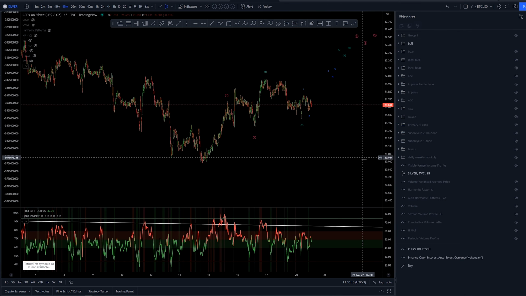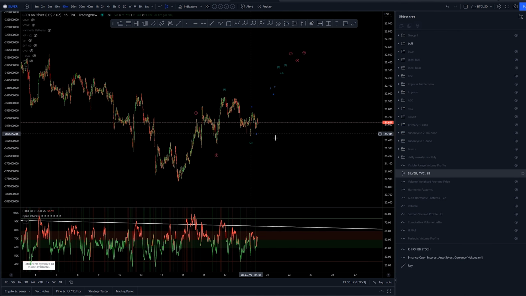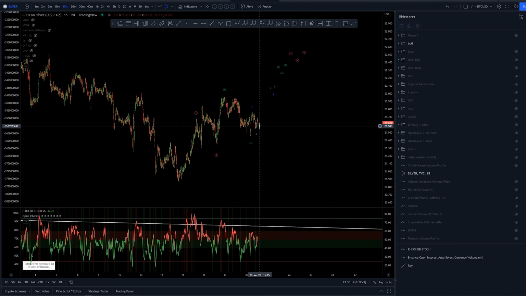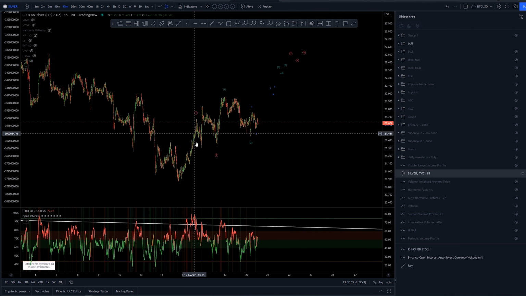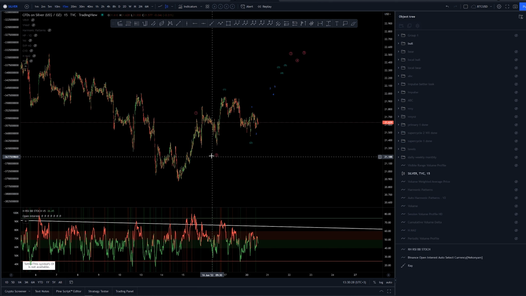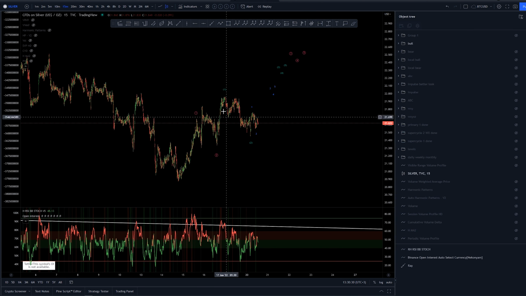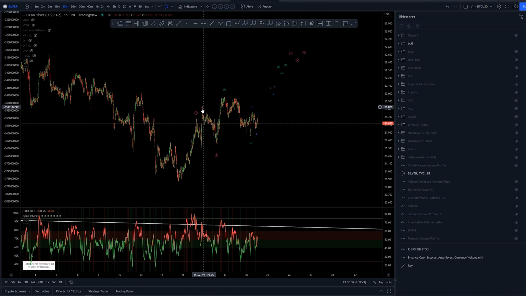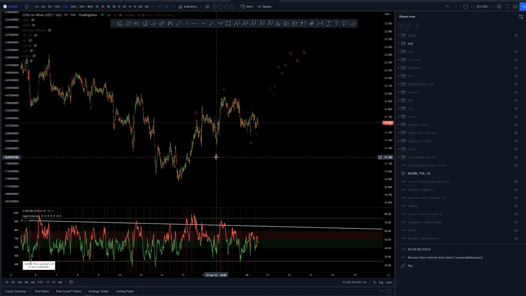So yeah, why am I not taking a long here? It's just because of this structure here. It is not that common to have a flat pattern in the wave 2, so that is basically the only reason why I don't prefer this count at all here.